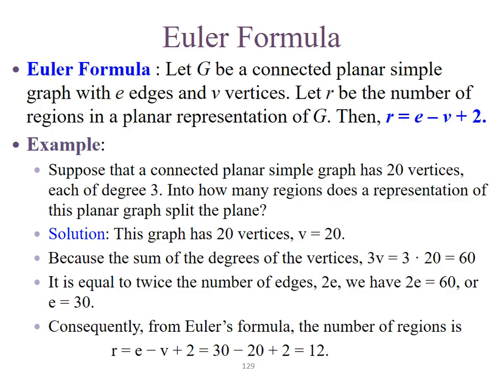The summation of all degrees will be 3 times 20, which is 60, and that will be 2 times E. So 60 equals 2 times E. This is the handshaking theorem. So the number of edges will be 30. Okay, so if the number of edges is 30 and the number of vertices is 20, then 30 minus 20 plus 2 will be 12. So in this case, we will have 12 different regions in this planar representation.